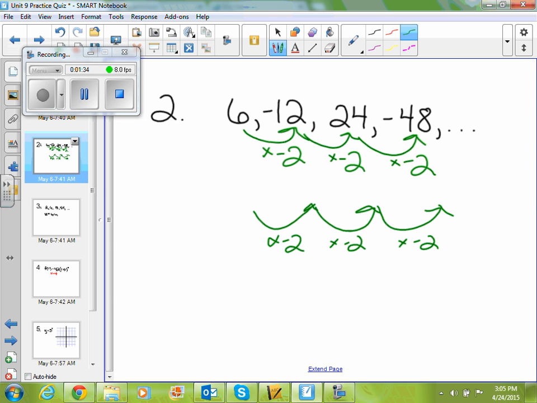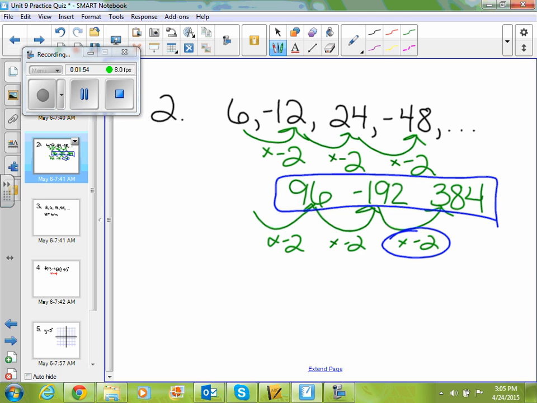Okay, what's negative 48 times negative 2? Positive 96. 96 times negative 2 is negative 192. Negative 192 times negative 2 is 384. Okay, so in order to get all 4 points, you have to include that you're multiplying by negative 2, and you have to include your next 3 terms. That's where the 4 points come from.